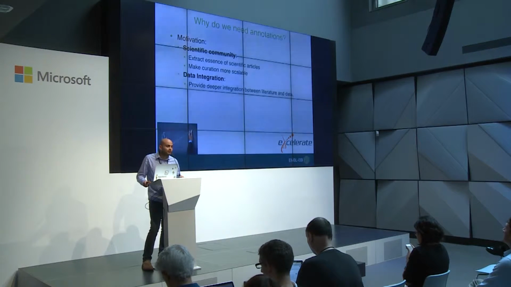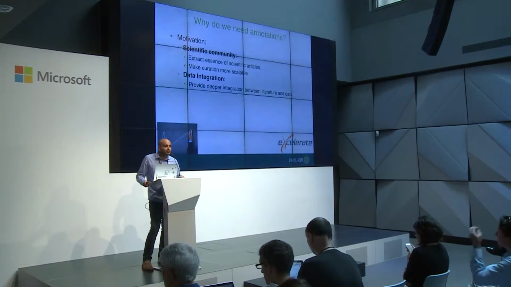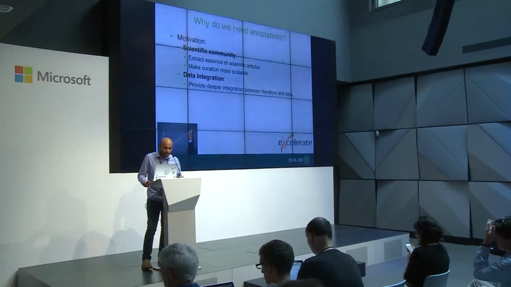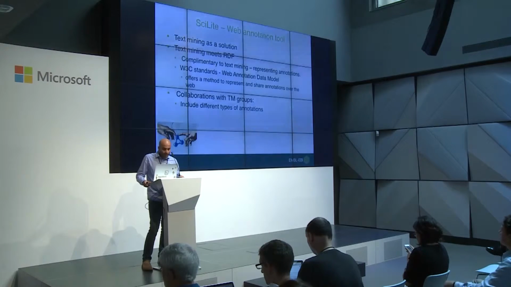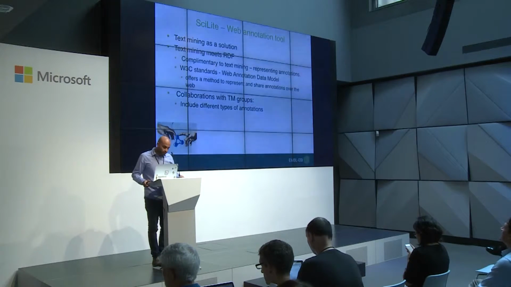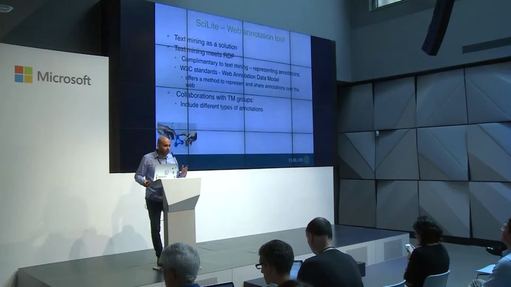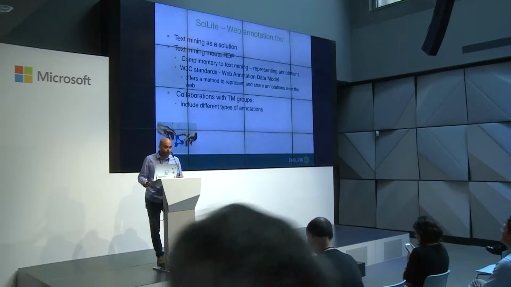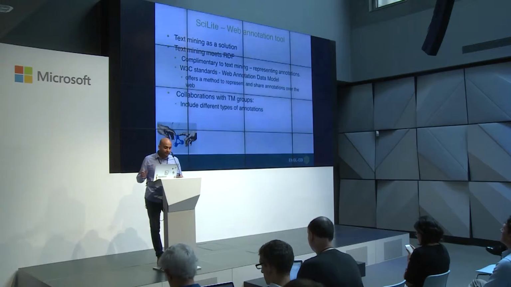And also there is a need to integrate the underlying data with the respective databases to make deeper queries and to aid in hypothesis generation. So recently on this line, we have developed SciLite, a web annotation tool that extends the current text mining modules to make deeper links.